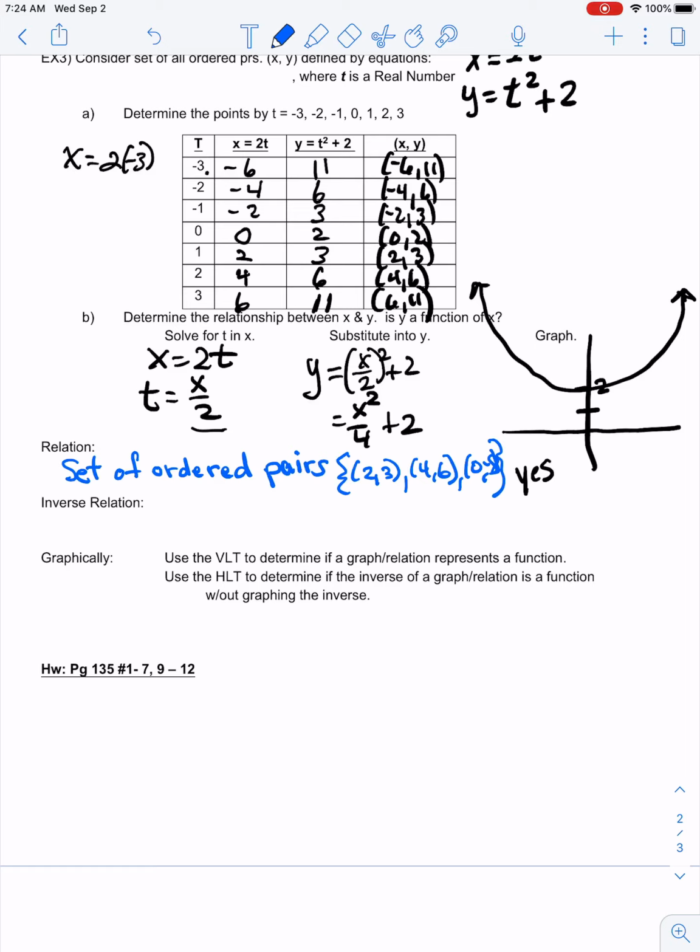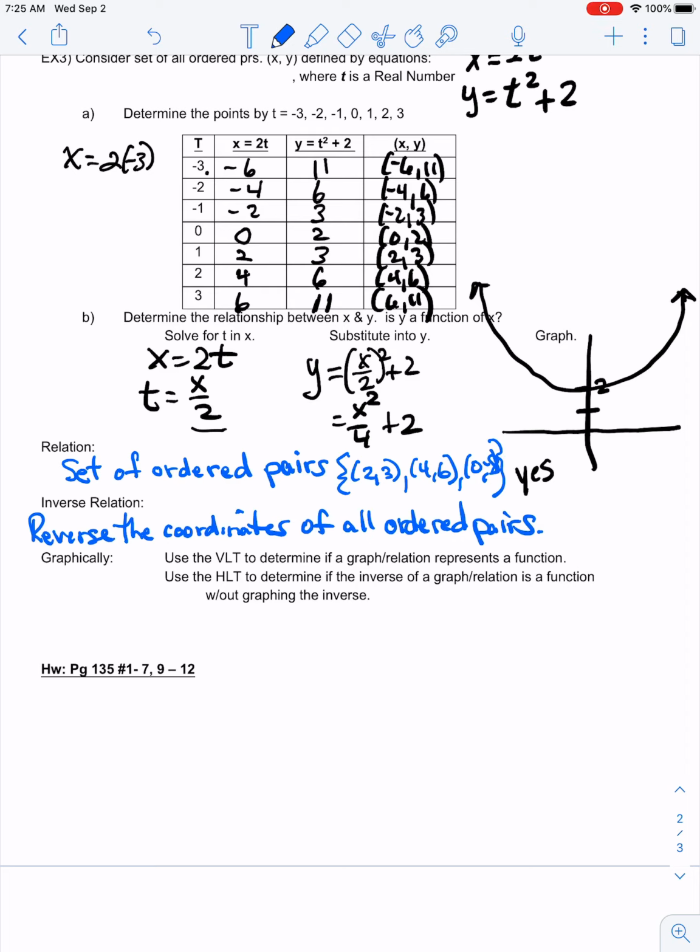Inverse relation is when you're going to reverse the coordinates of the ordered pairs in a relation.